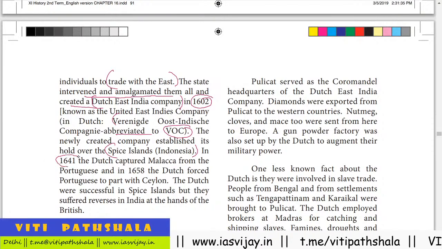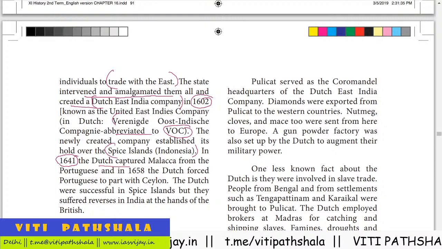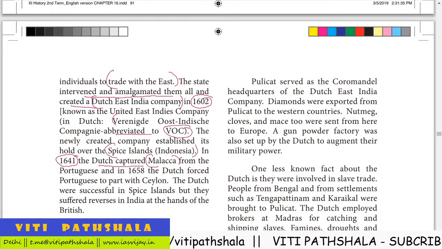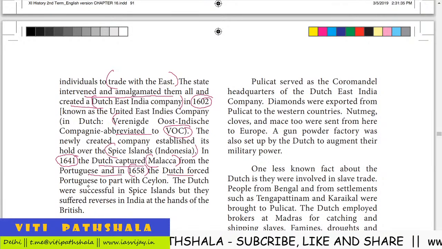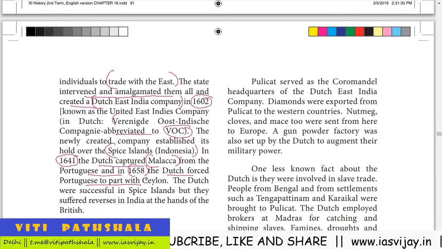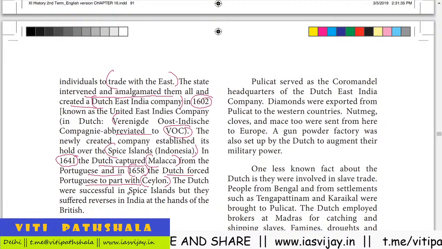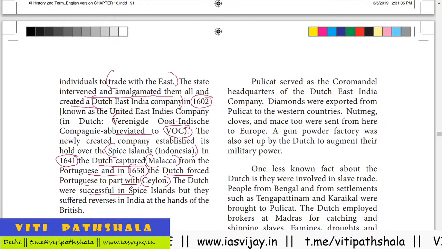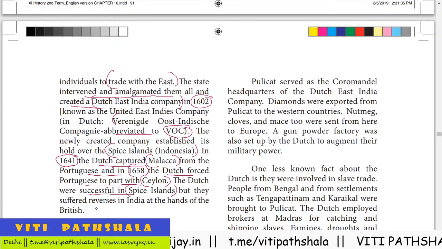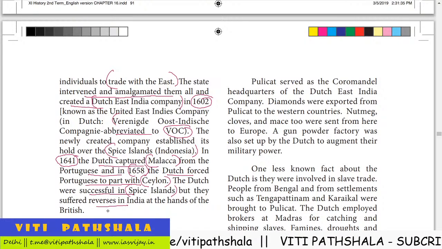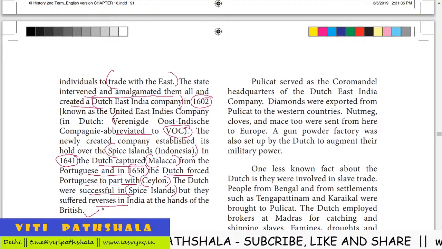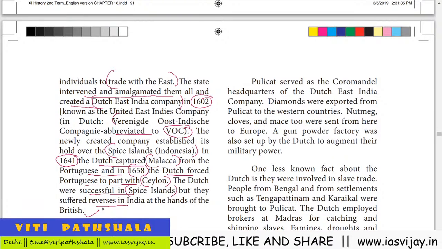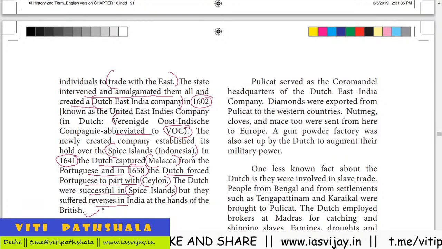In 1641, the Dutch captured Malacca from the Portuguese, and in 1658 the Dutch forced the Portuguese to part with Ceylon. The Dutch were successful in the Spice Islands, but they suffered reverses in India at the hands of the British. Now the Dutch defeated the Portuguese and the British defeated the Dutch.